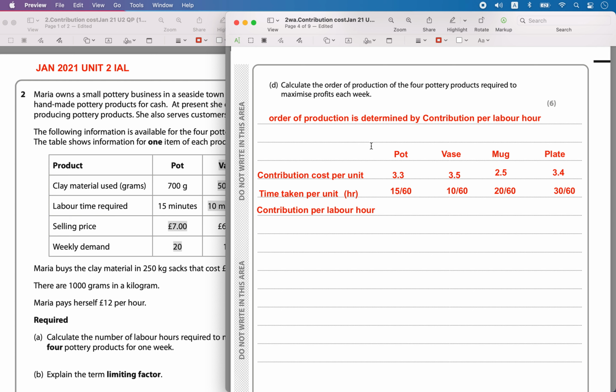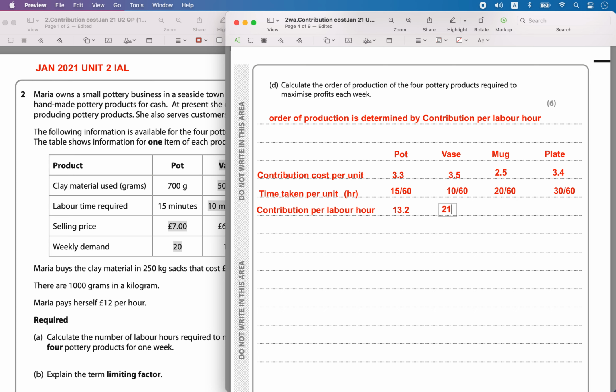So the contribution per labor hour for the pot is 3.3 divided by 15 by 60, which is 3.3 divided by 15, into 60, so that is equal to 13.2. For the vase, it is 3.5 divided by 10, into 60, so that is equal to 21.